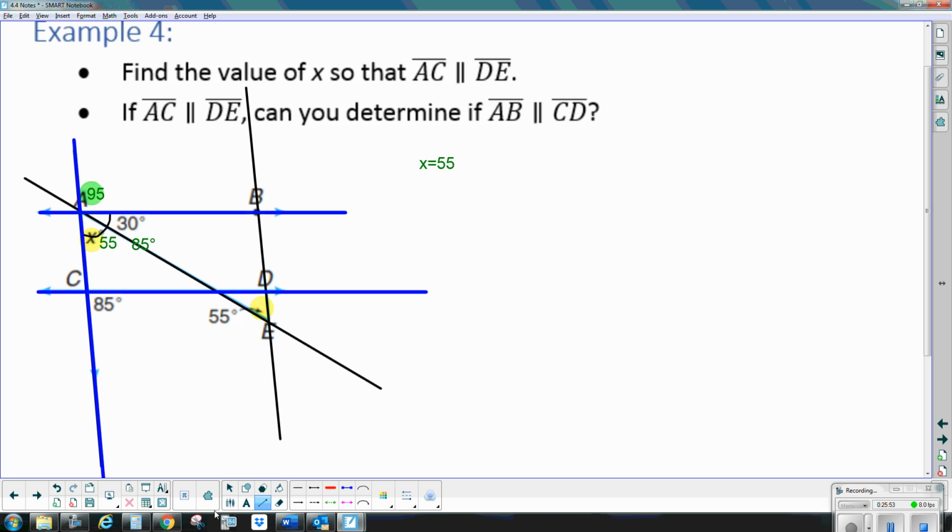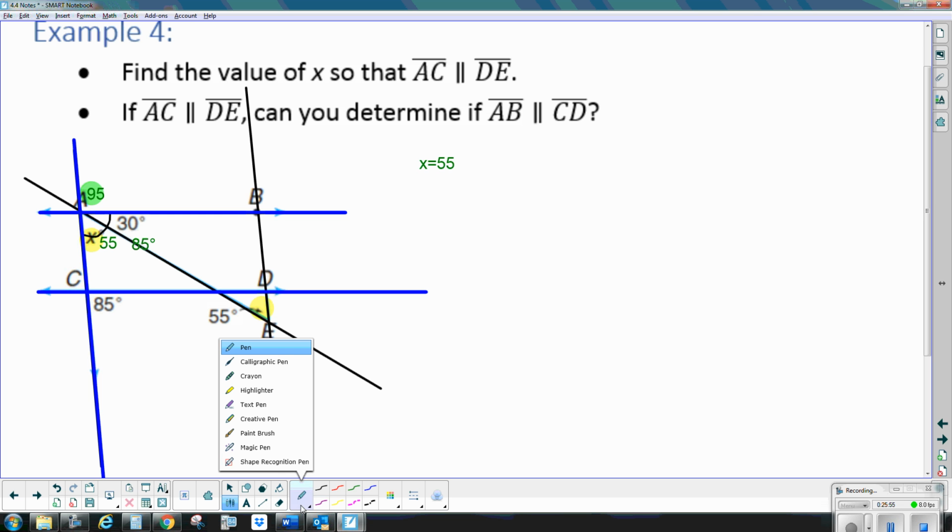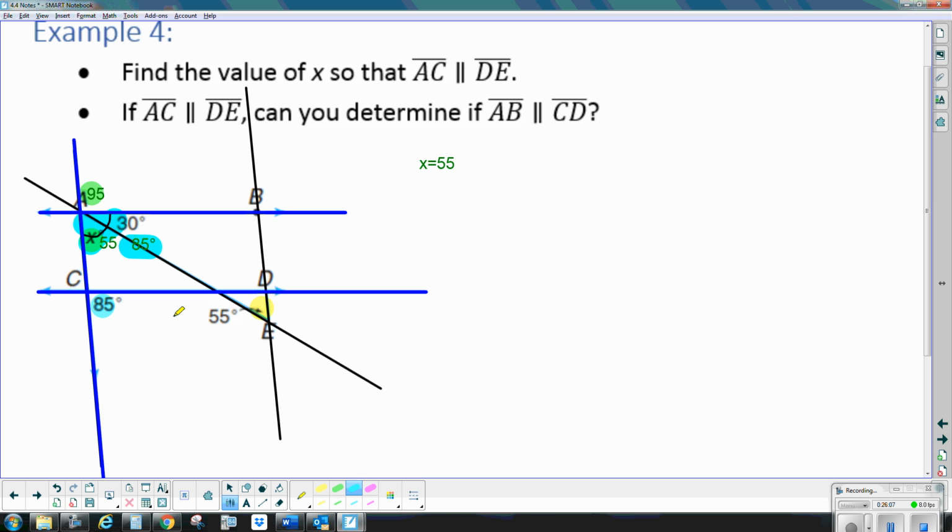And if I look at this pair of angles, one is already given and the other I just found. So this 85 degree angle, which measures right here, this 55 plus 30, and this 85 degree angle, those are corresponding angles. Okay, so because corresponding angles are congruent, then yes, I can determine that AB is parallel to CD.